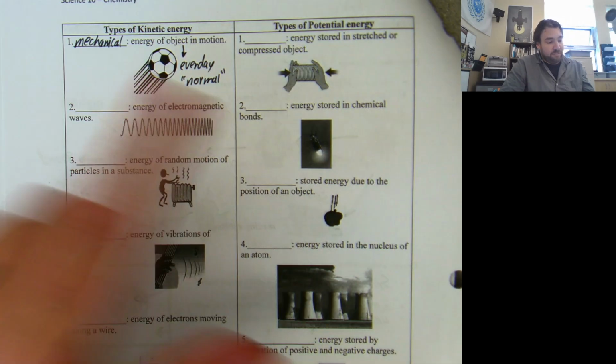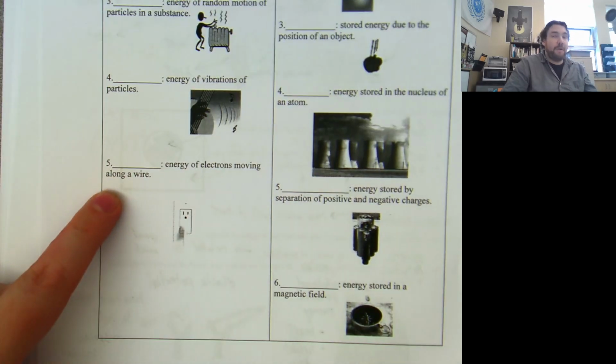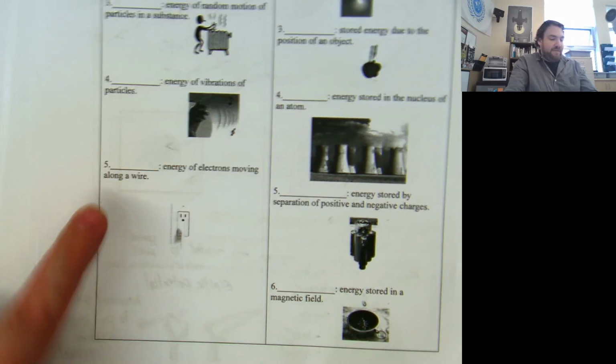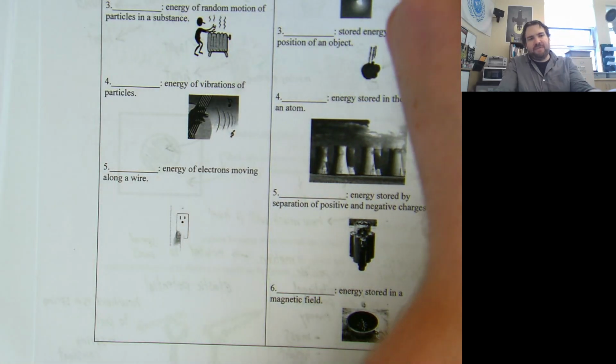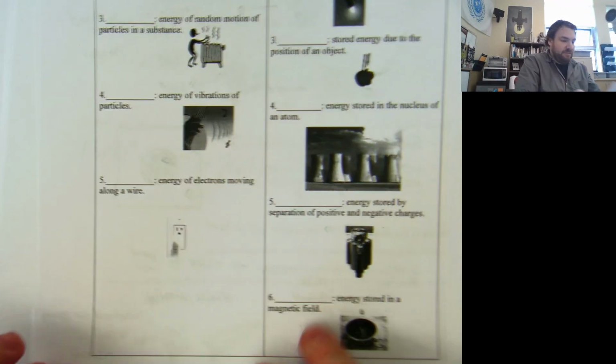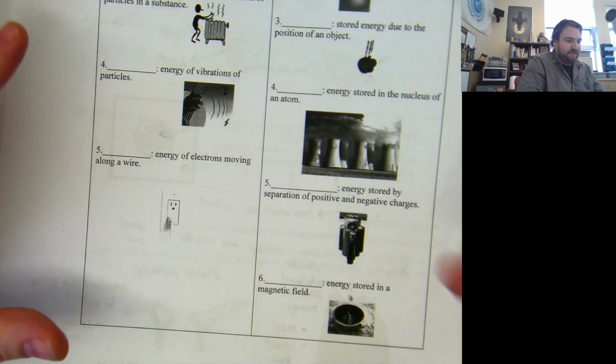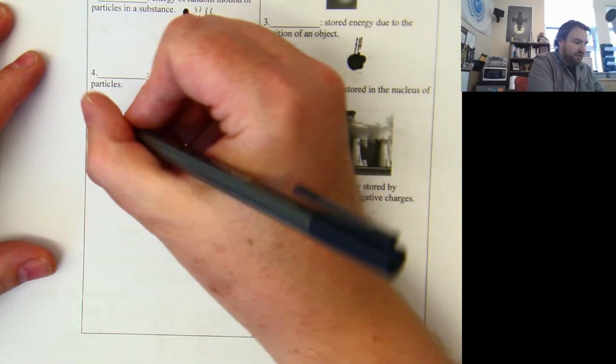Semester 2 is these two. Actually, it's number 5. That's a plug. We already said that electricity is moving electrons, which is another kind of kinetic energy. It's electrical kinetic energy.